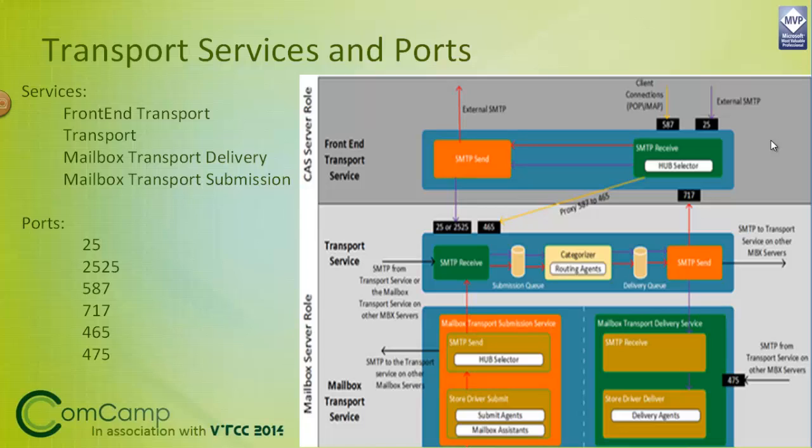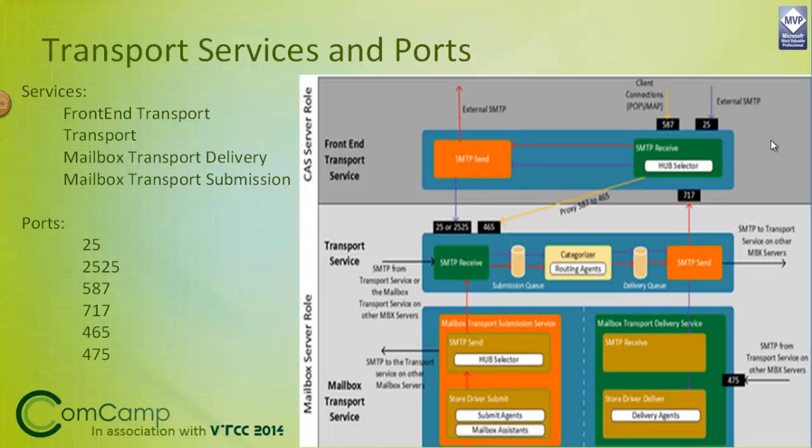Front-end transport or transport service use port 25 to send outbound emails as well. So basically port 25 is used by both services, front-end transport service and the transport service, when CAS and mailbox server roles are separately configured.